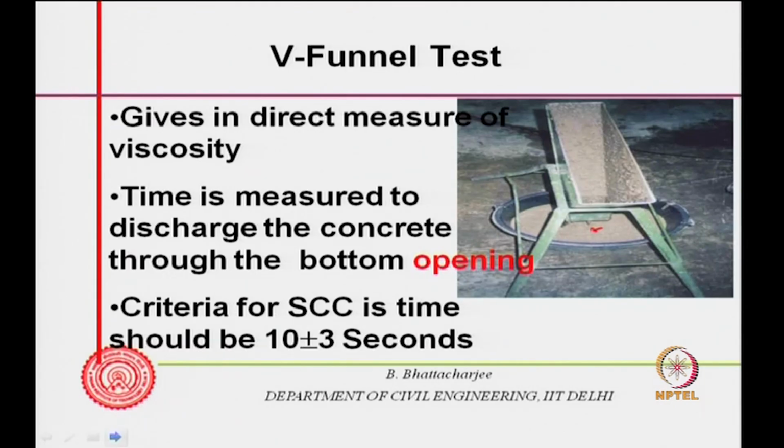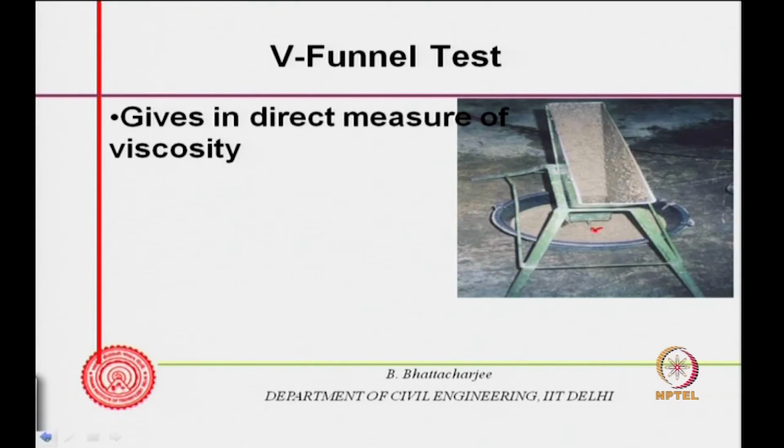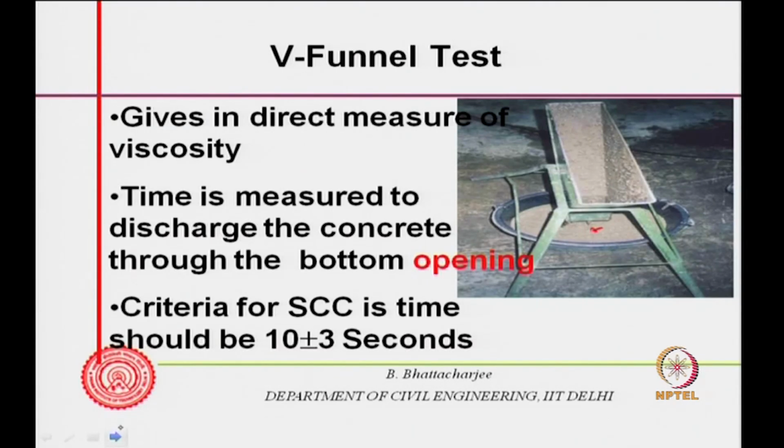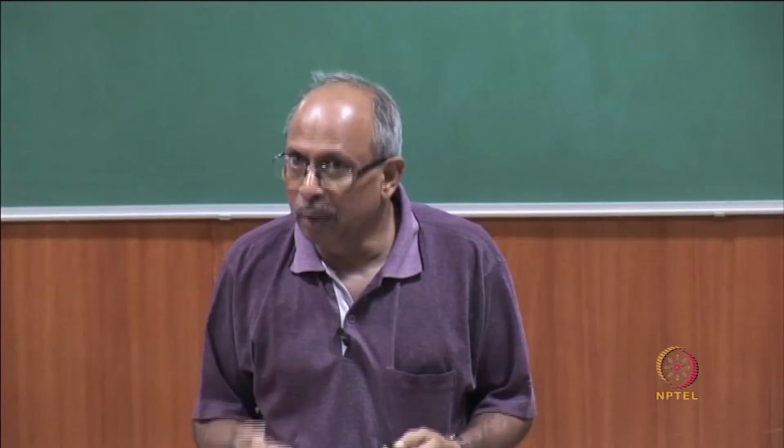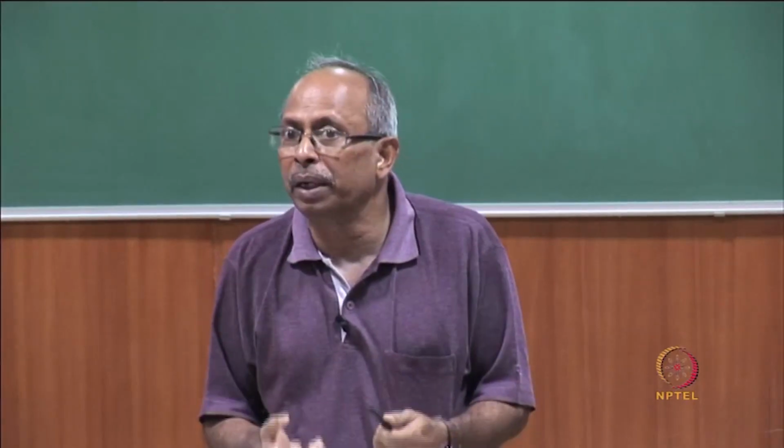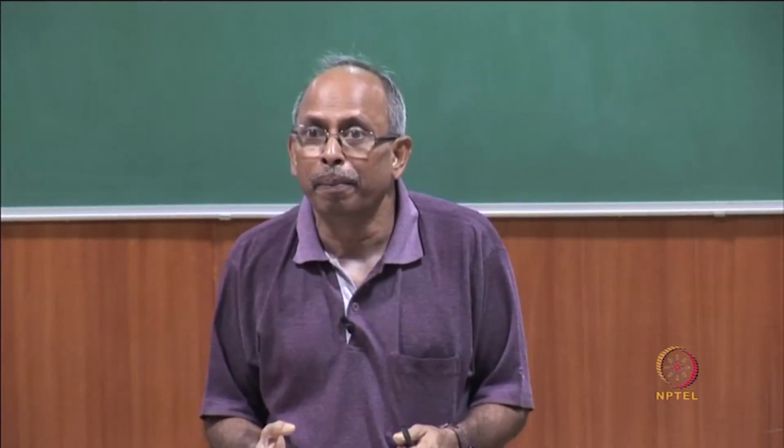So, basically you determine the fluidity and this determines a measure of viscosity. Higher flow means what? If it takes longer time, that means a stiff concrete, the flowability is not proper, because it is flowing through that bottom opening.